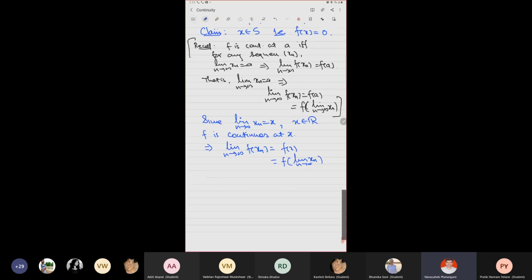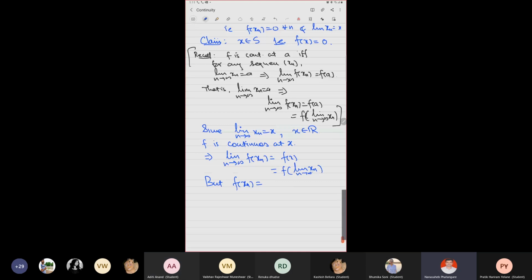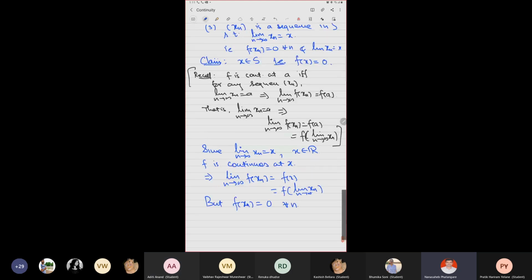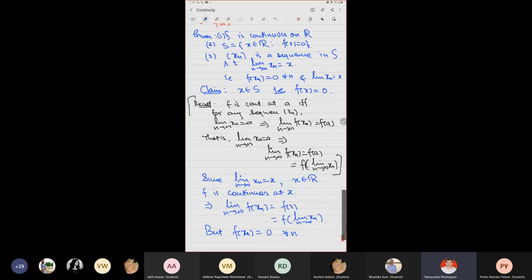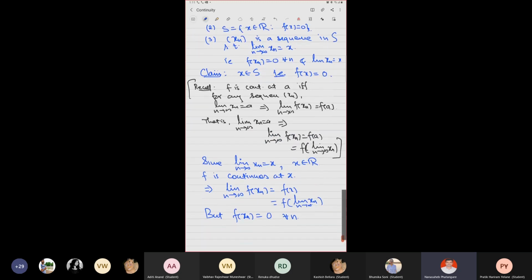But what is f of xn? What is the value of the function at xn? 0, for all n. Right? Because we have chosen the sequence xn in S, and in S at every point the function is 0.